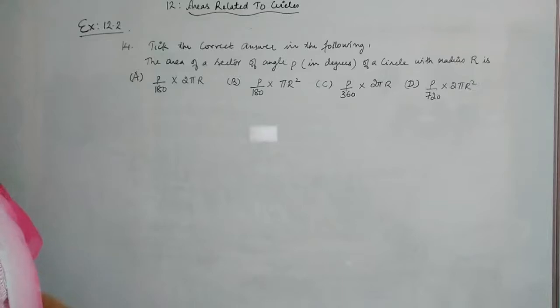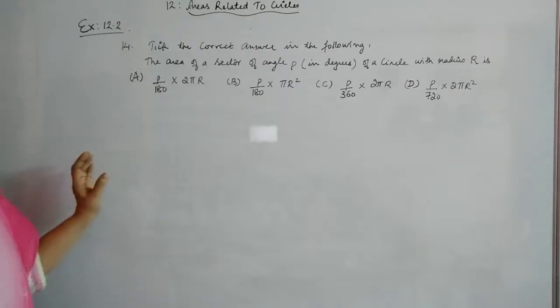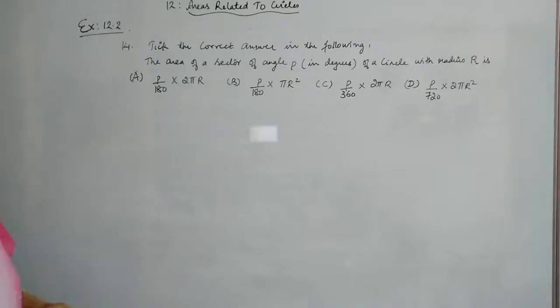Question number 14 is, tick the correct answer in the following. The area of a sector of angle P, that is instead of theta, it is given to be P in degrees, of a circle with radius capital R is. So we know that the area of the sector is, the formula we know, and we will just match with these things, okay.